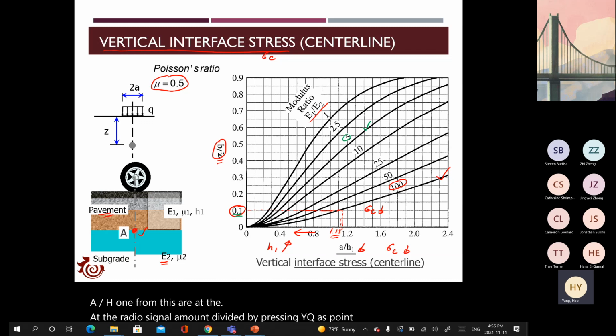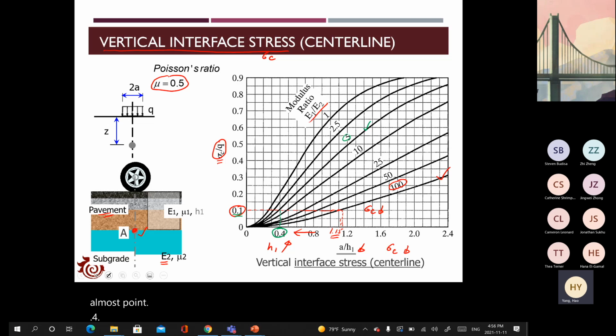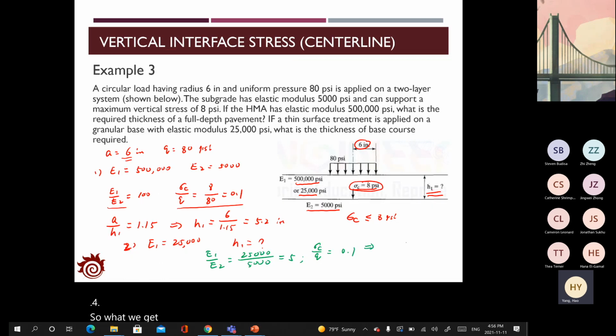So this will give you the result as almost 0.4. So what we get is A divided by H1 is 0.4. So you can calculate the value of H1 as A divided by 0.4. A is 6 inches, it gives you the value as 15 inches.